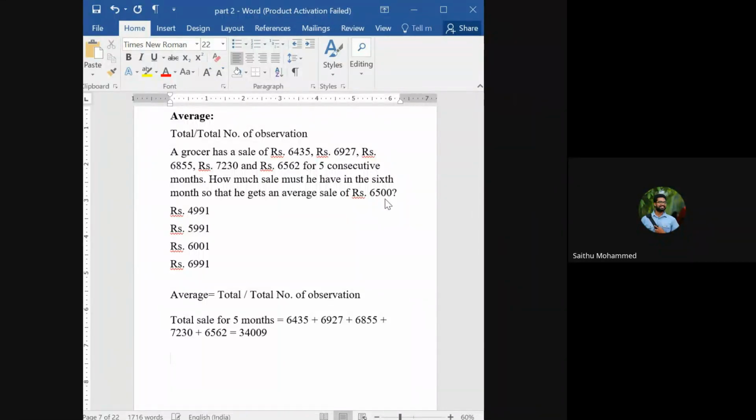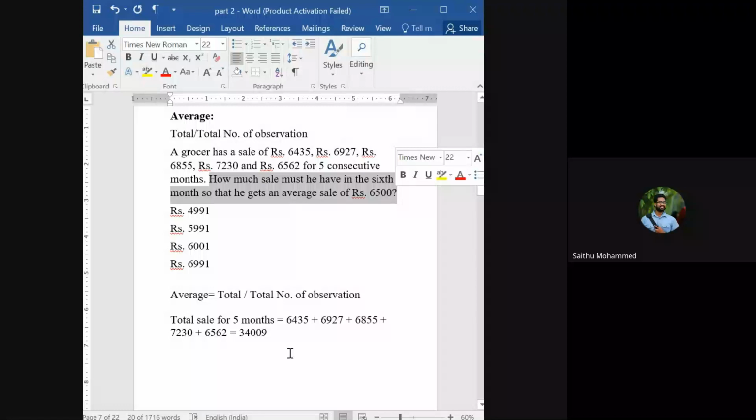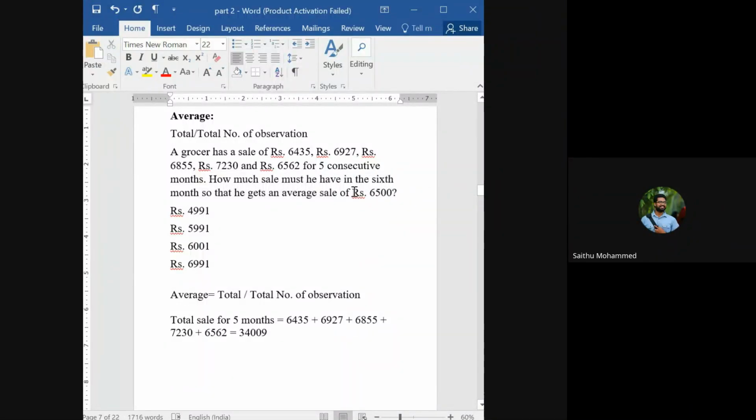Now, how much sale must he have in the 6th month so that he gets an average sale of rupees 6,500? So our aim is to find out, we want to get an amount of 6,500 as an average. This is the 6th month that we have to take into consideration.